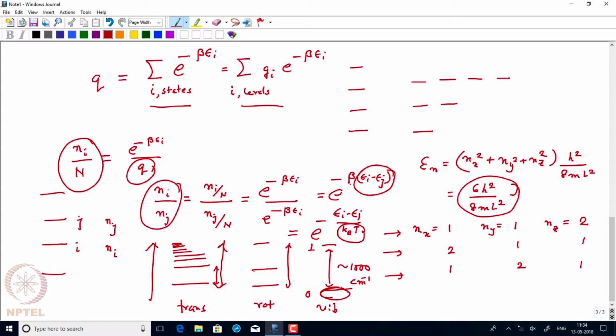However, vibrational or electronic energy levels are far more separated. You see only the ground vibrational state predominantly populated. For electronic, you will see exclusively the electronic ground state populated, because it is very difficult to thermally activate the second electronic state. Although there are examples of thermally activating electronic energy levels, let's not go into those details.